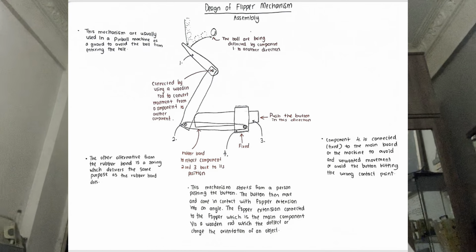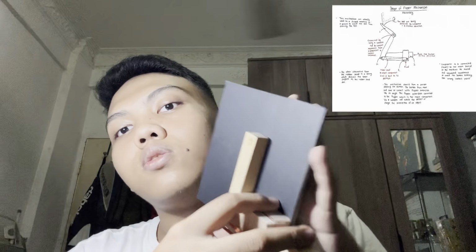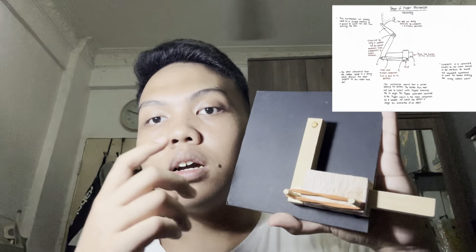So I'm gonna move on to the design of the flipper mechanism. Right over here we have the illustration for the flipper mechanism. I built this myself to illustrate to you guys how the flipper works.